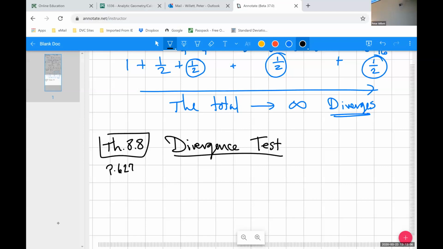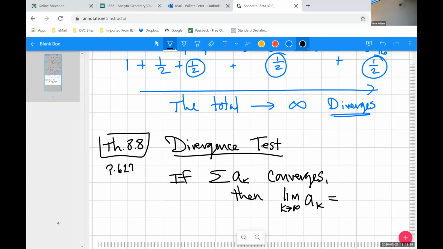So the Divergence Test says the following. If you have some infinite series of a sub k's and it converges, then the limit as k tends to infinity of a sub k must be 0.